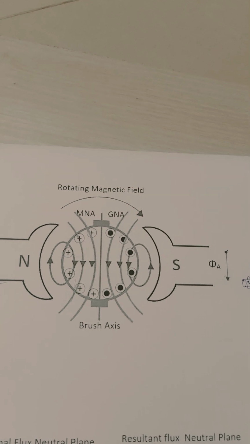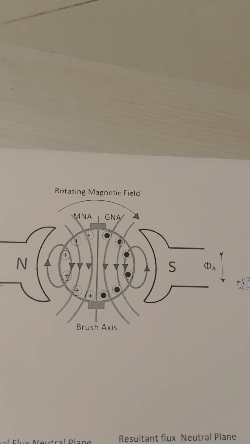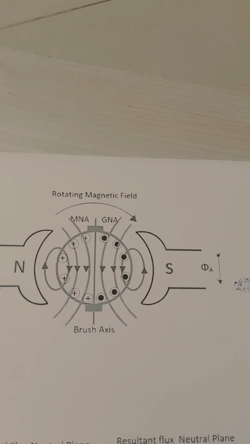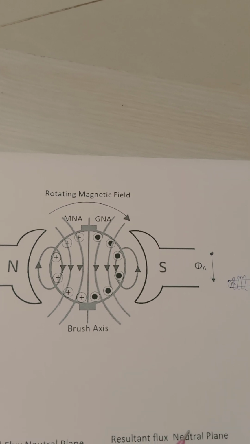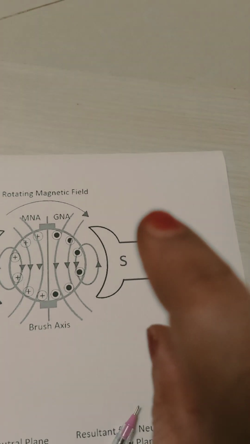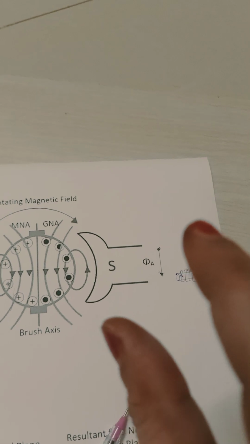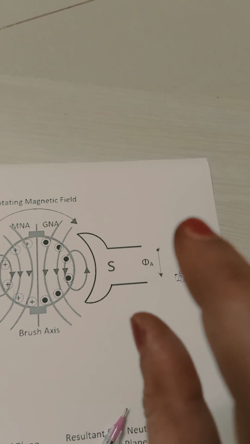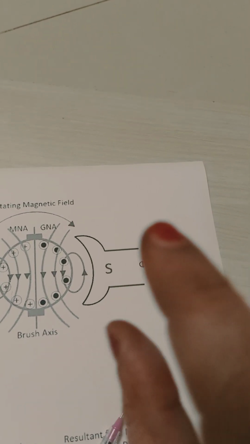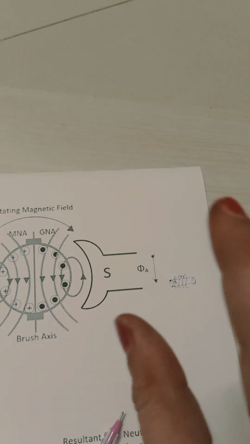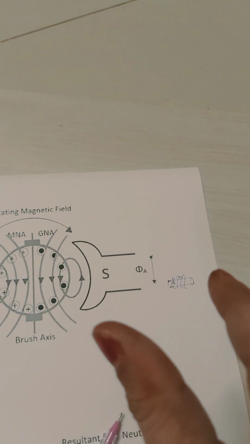The flux direction is given by the corkscrew rule. What is this corkscrew rule? When we try to fix the screw, we rotate it from left to right.